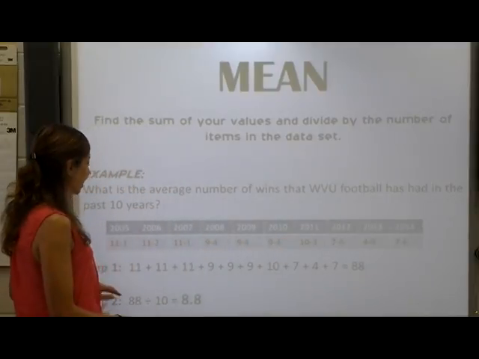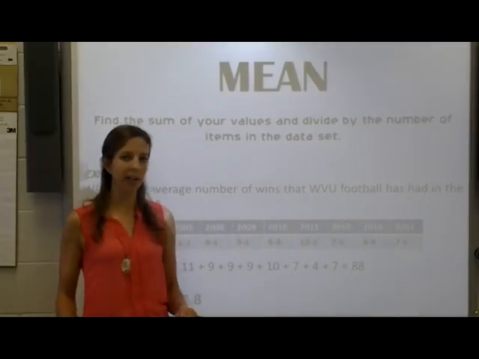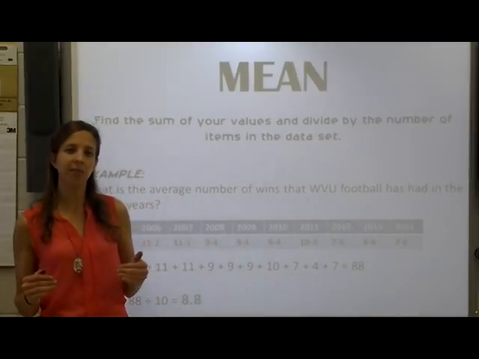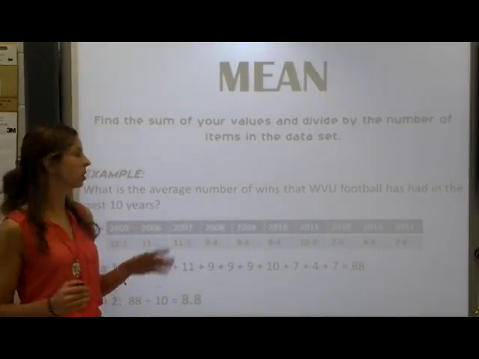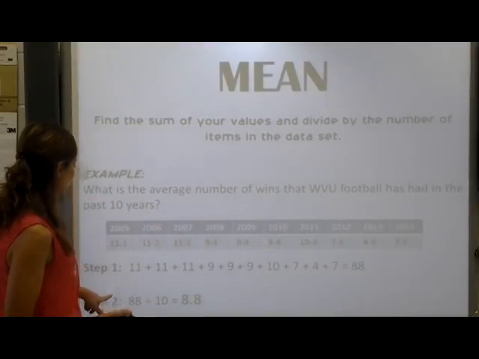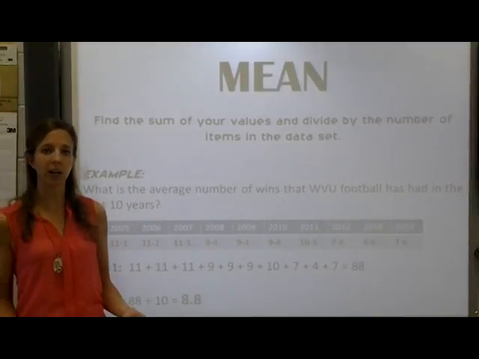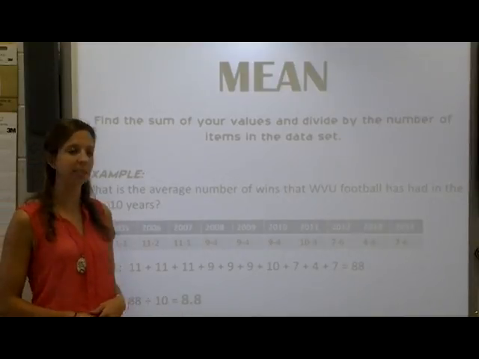We're going to add up all of those numbers, and we're going to get a total of 88. But then we need to divide the 88 by 10, which is the number of seasons, or the number in our data set. So when we divide 88 by 10, we get 8.8 wins on average per season.